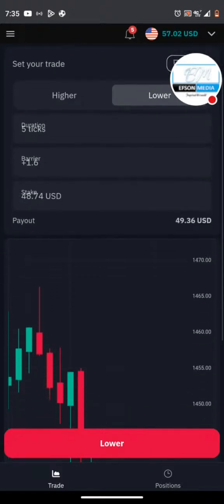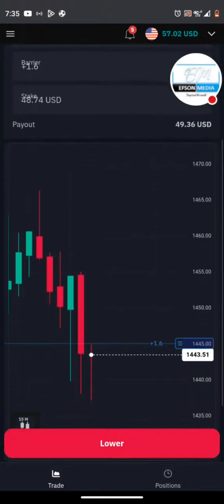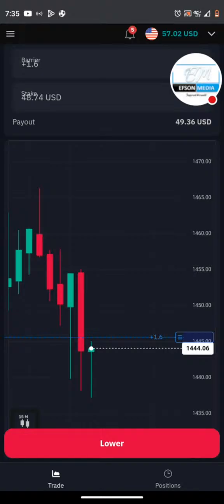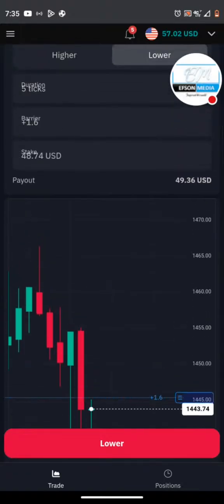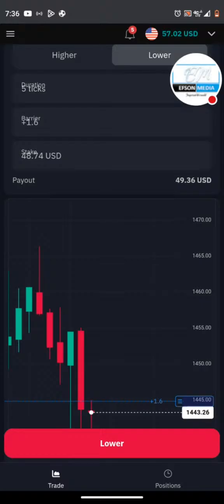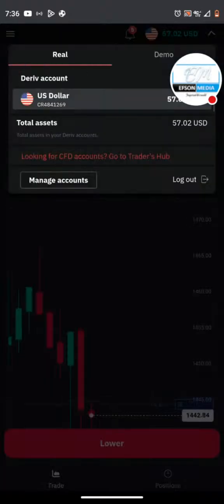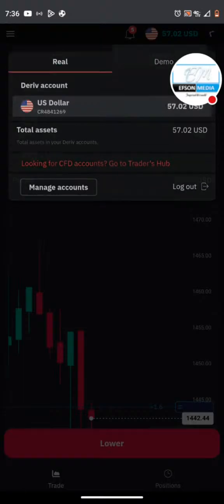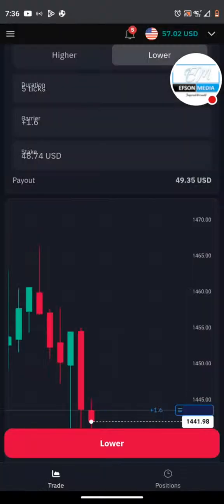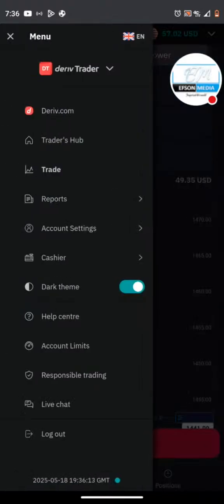After I've saved it, I will also have to fund my account. For that, there is a menu on the top left corner, the three lines. You click the three lines, then select cashier.